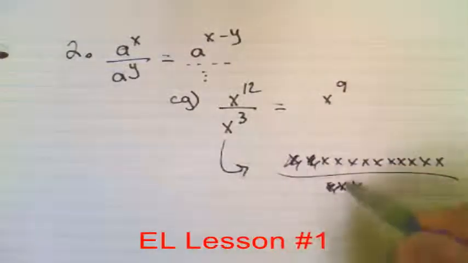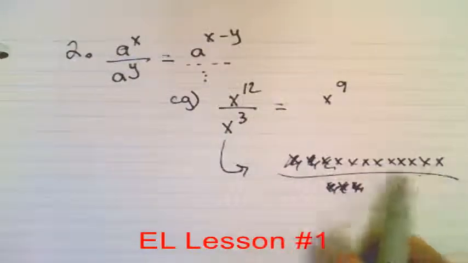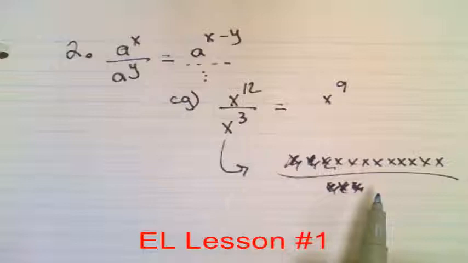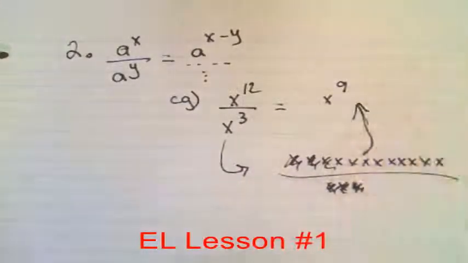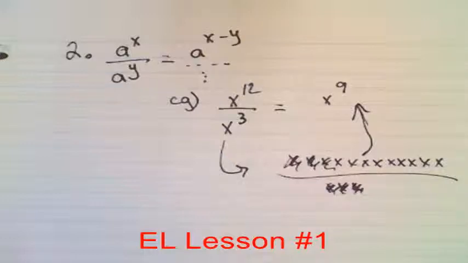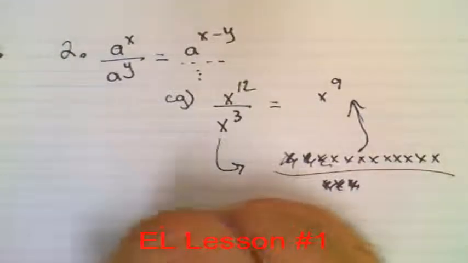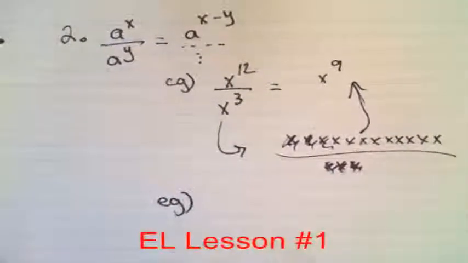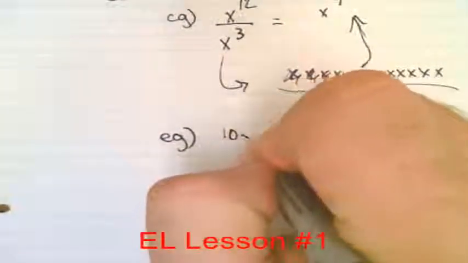I'm cursing the fact that I made the number so big. Over, okay, 3 x's in the bottom. 1, 2, 3. What cancels? Well, 1 x in the bottom cancels with the one on the top, ditto, and ditto. I cancel 3 times. What am I left with? These x's. How many are there? Count them. There's 9. So I'm going to have x 9 times, or x to the power of 9. It's still the same thing, okay?